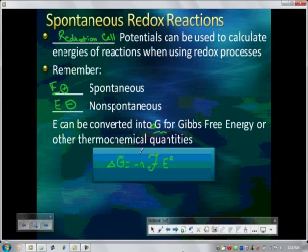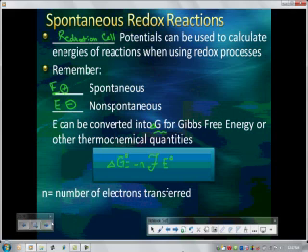And if this is a circle, then this is a circle, because that denotes standard conditions: 1 molar solutions at 25 degrees Celsius or 298 kelvins, and standard pressure. N represents the number of moles of electrons. So we're going to be looking at our balanced redox reactions so we can know how many electrons are being transferred. We've got to keep track of that pretty carefully.